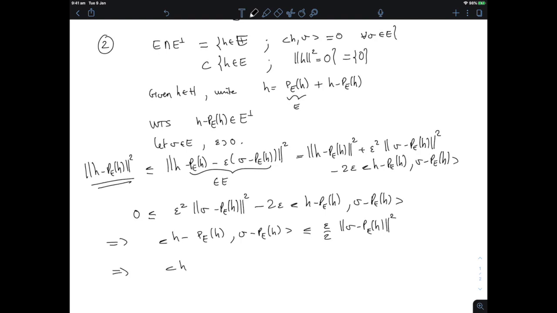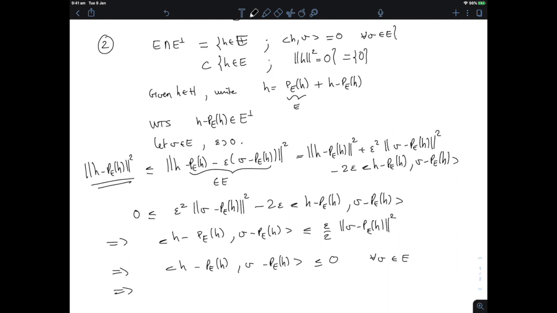So this tells me that H minus PEH inner product with V minus PEH is less or equal to 0 for every V in E, but then I can choose the element of E that is of the form of some generic element omega plus PEH.